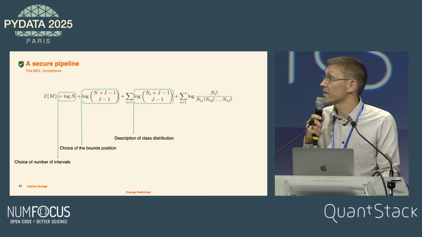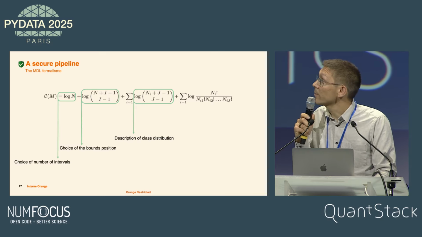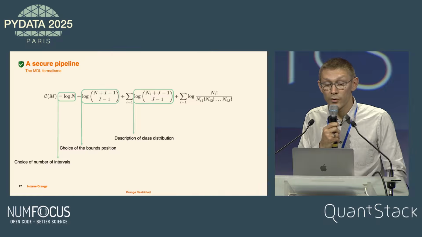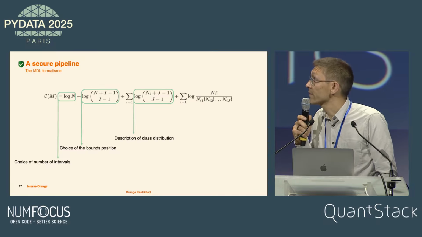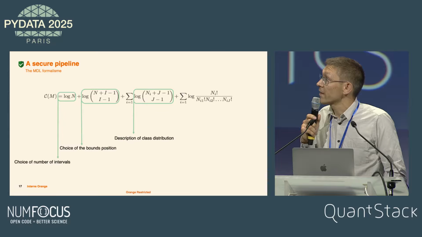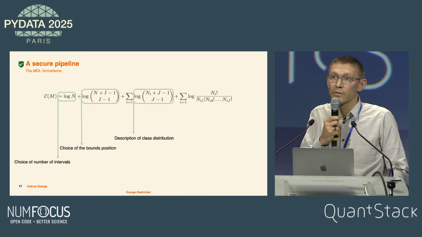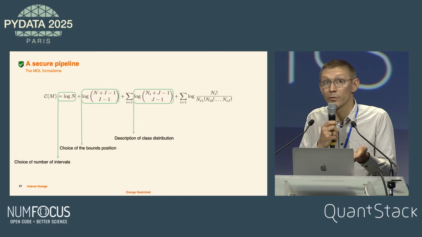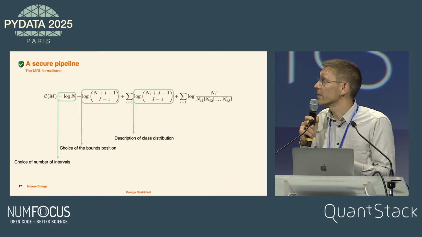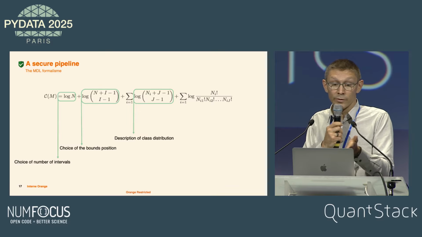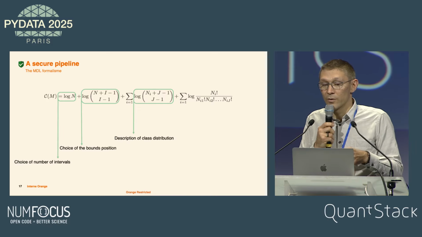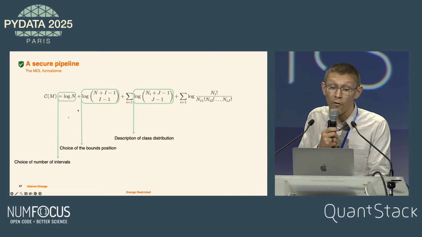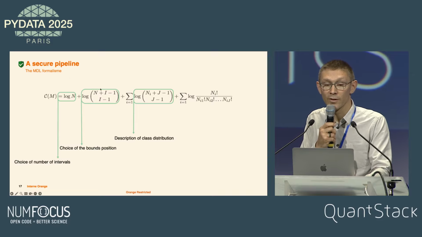First we choose a number of intervals. So n is the number of training examples, and it is also the number of possible choices to set the number of intervals. So any choice has the same probability, which is 1 divided by n. After that, we have chosen the number of intervals, denoted by I. At the second step of this hierarchy, this combinatorial term enumerates the number of possible ways to position the bounds.